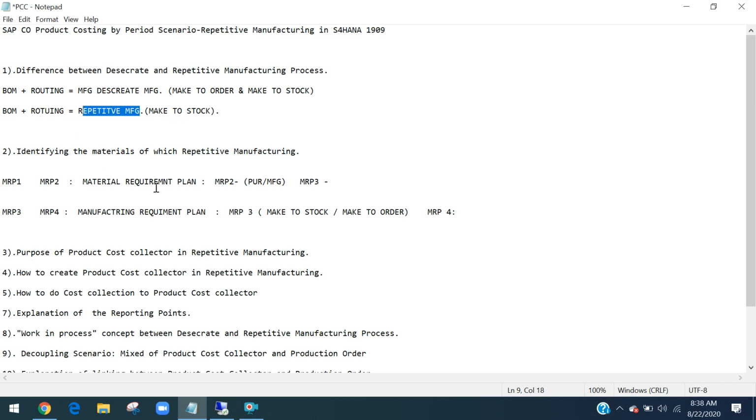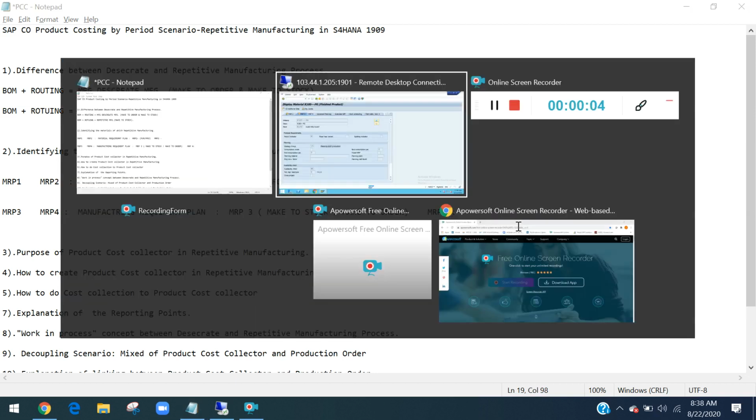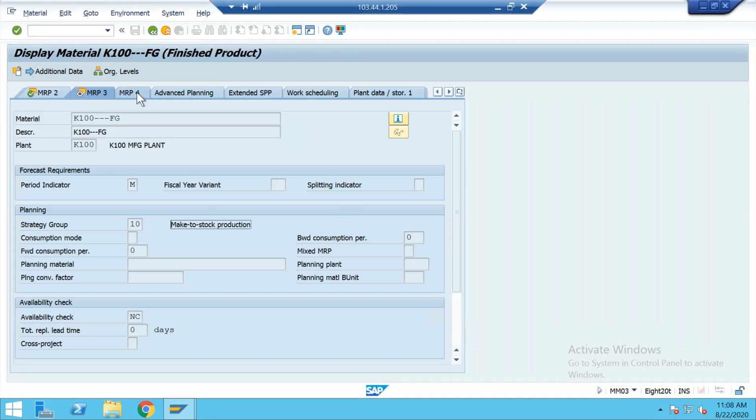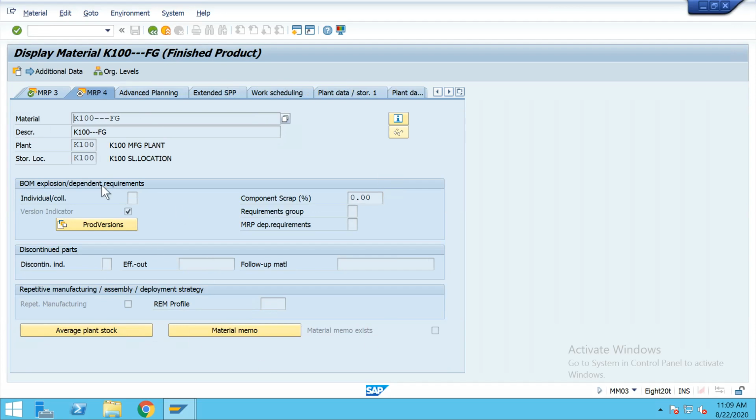repetitive manufacturing is there. Then how is the system going to identify? The system is going to apply it in the MRP4 tab. In this MRP4 tab, see, if the repetitive manufacturing tick box is there, then the system identifies this material as make to stock with repetitive manufacturing.